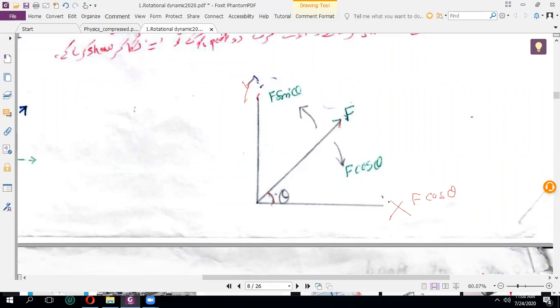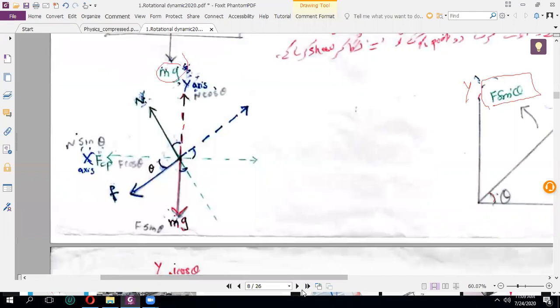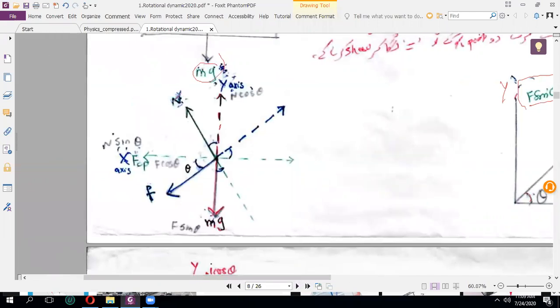If we are going away from the angle theta, we represent the force by f sin theta. When we are near the angle, we represent it by f cos theta, because we follow this cos rule. If the normal reaction is here, there are some components of the normal reaction on the y or x axis. If we are near the angle, this is N cos theta. I hope you understand why I am writing N cos theta. And we are away from the angle, so what am I writing here?